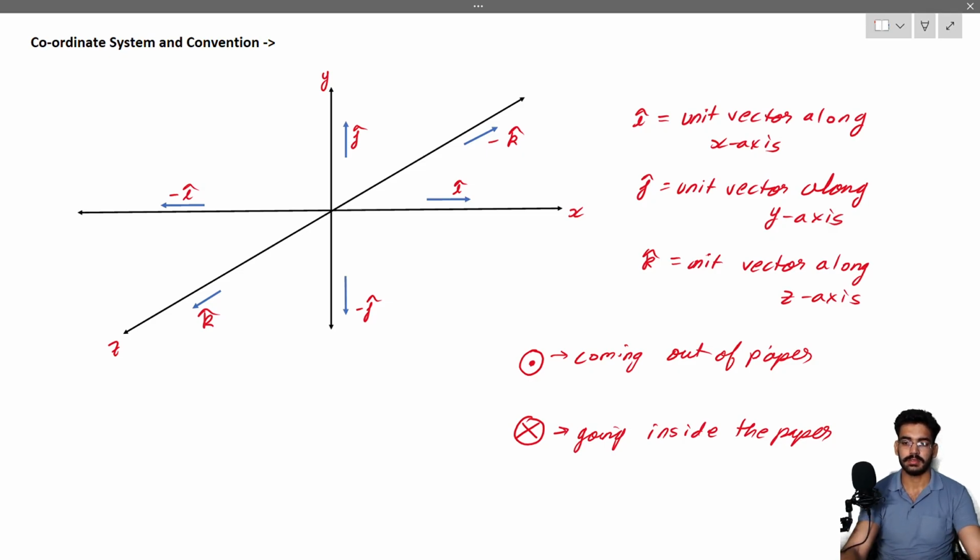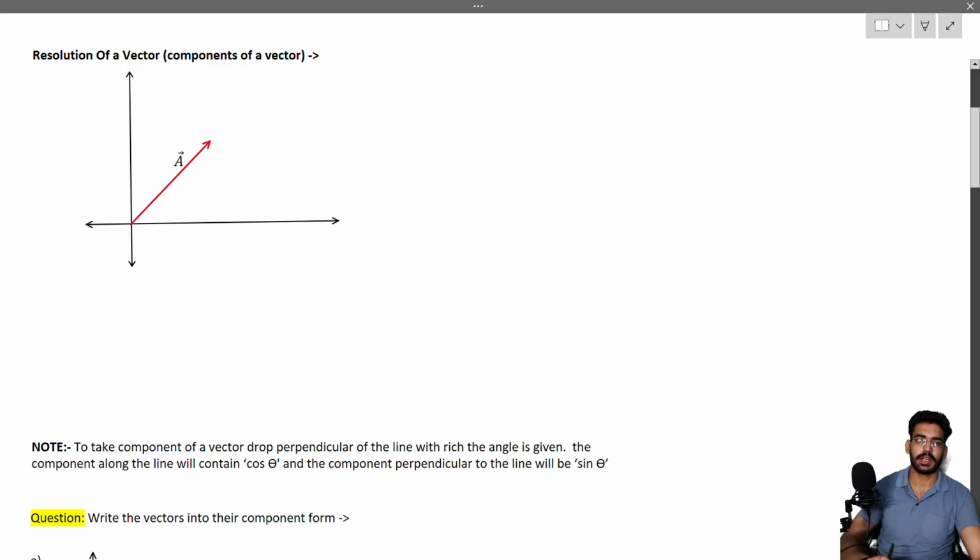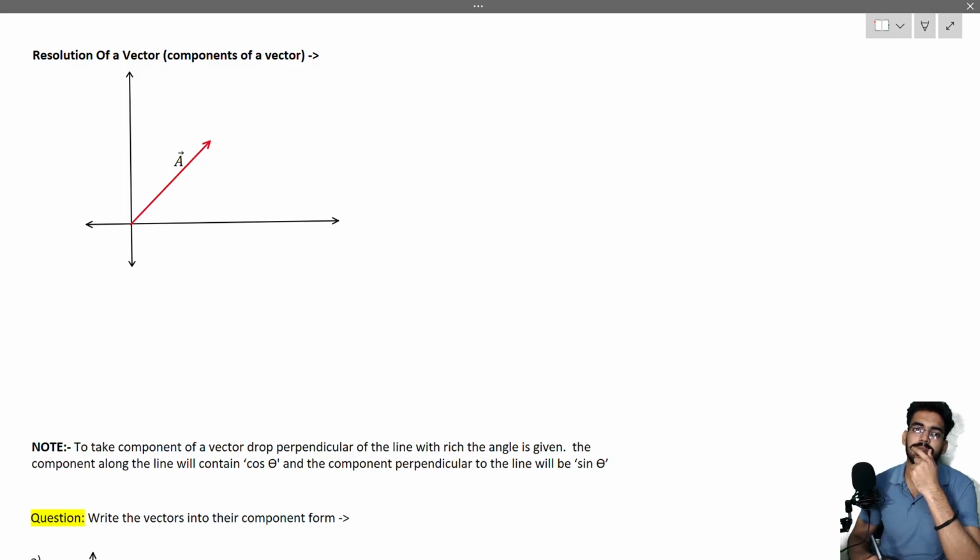Now the next thing we have is resolution of a vector in component form. So how to resolve any vector into its components along the x-axis and y-axis. Any vector we can resolve, but mainly we will discuss along the x, y and z axes.